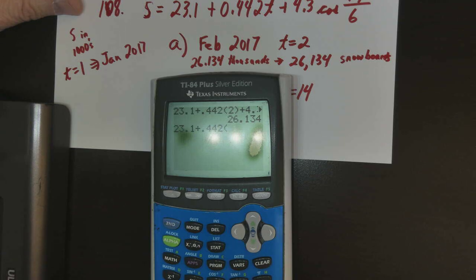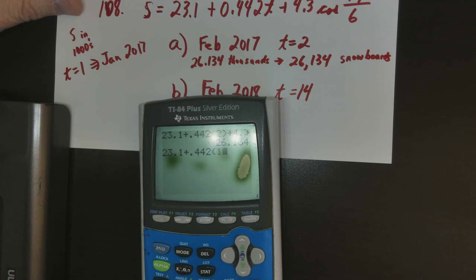So 23.1 plus 0.442 times 14 plus 4.3 cosine pi times 14.